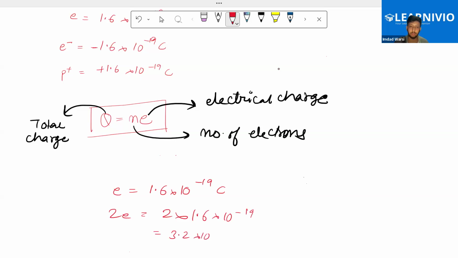N is the number of electrons. Can't it be the number of protons? I just told you we don't give protons, we don't take protons. We add electrons only.